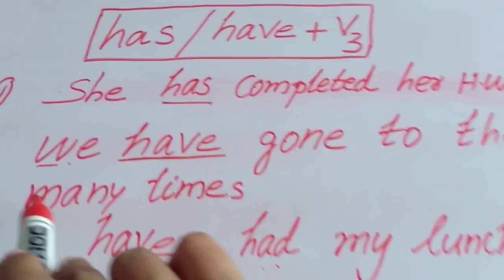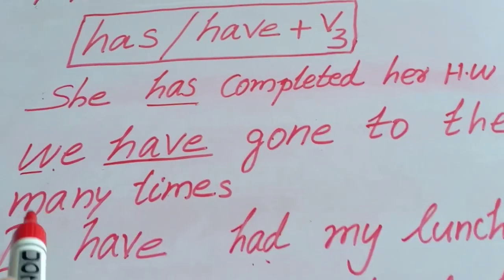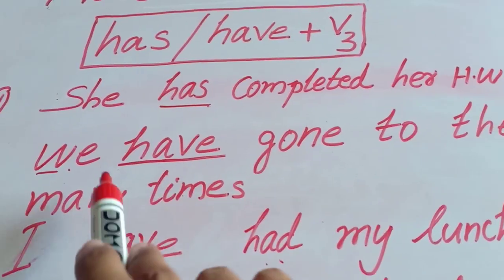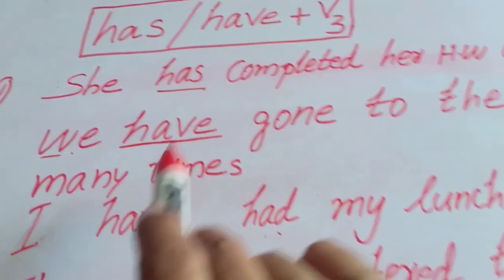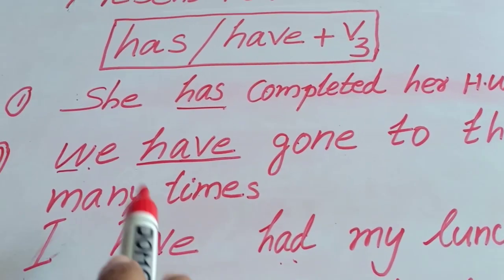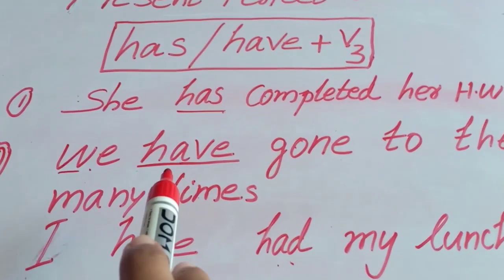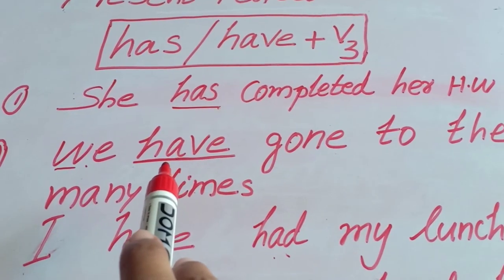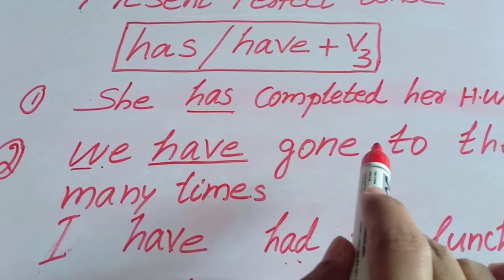Okay, see the second example. We have gone to the beach many times. Earlier also we have gone to the beach. This is not the first time. So we will also use the present perfect tense for explaining an action that is being repeated between the past and present many times.